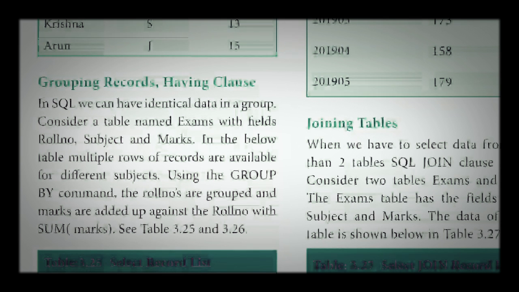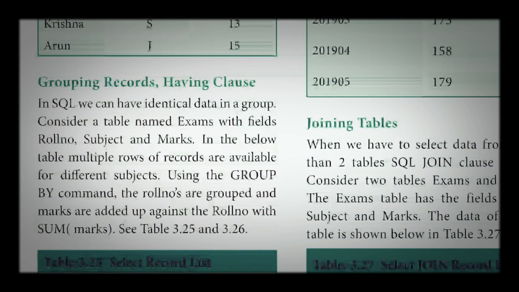Grouping records having class. In SQL you can have identical data in a group. Consider a table named exam with the fields roll number, subjects, and mark. In the below table, multiple rows of records are available for different subjects.